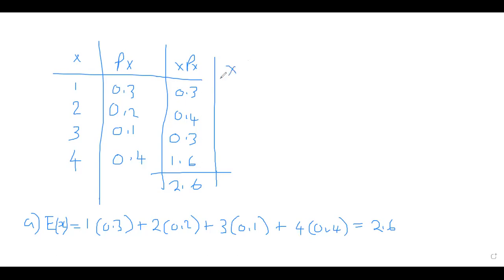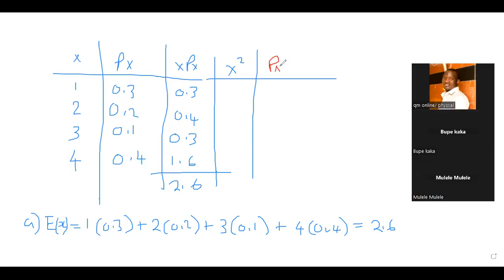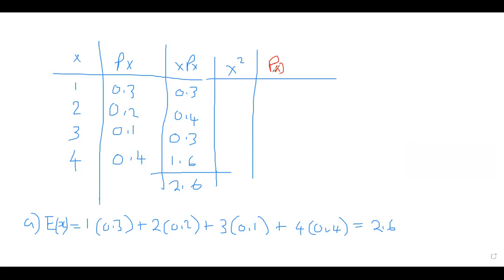Then you could also calculate the variance by squaring the figures. I'll rewrite the probabilities here that were already given. We have the probability 0.3, 0.2, 0.1. Okay, so let's calculate our variance.